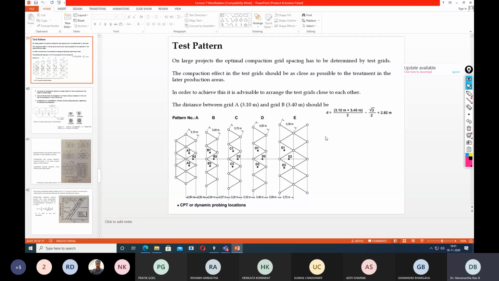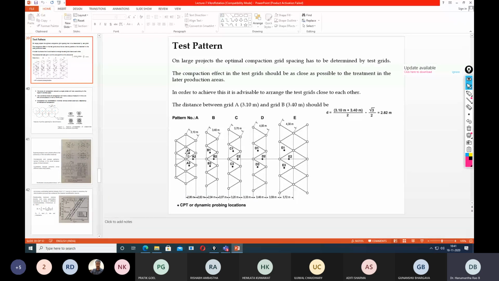So for that purpose, depending upon the importance of the project, we do some kind of preliminary testing in the field, to confirm that the spacing proposed is okay and the pattern gives high performance. Here we can see the different patterns.